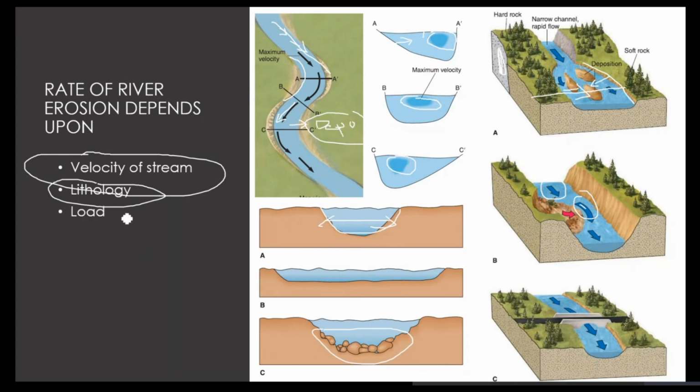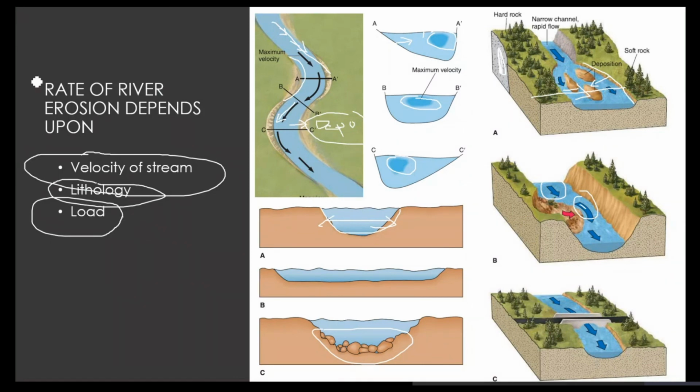And the last one is the load. Load is the material being carried by the river. So if the river is already carrying a lot of material and does not have the capacity to erode more, the erosion on that river would be less. So depending on the load, if it is not carrying any suspended load or any materials, it will have more energy to erode, and the erosion will be more in the case of rivers which are low in load.